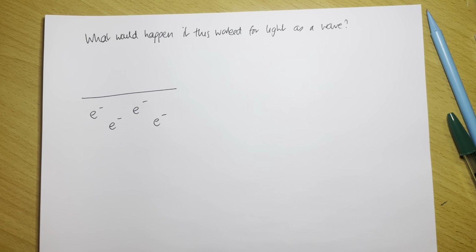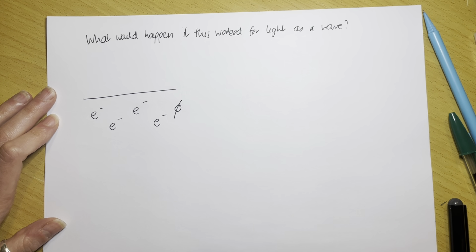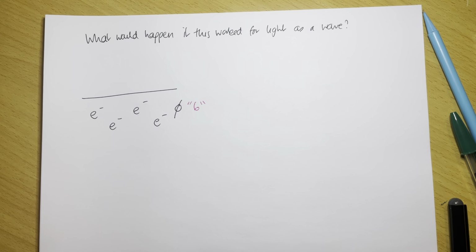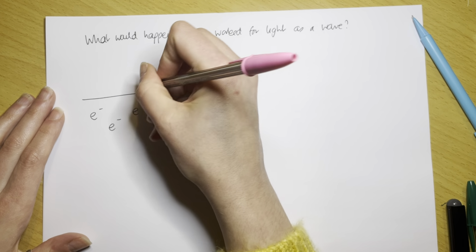Okay, so here are my electrons. Once again, I'm going to give a work function, and we're going to keep with the number 6. The work function is 6 units, 6 electron volts, 6 joules. It wouldn't be 6 joules, but 6 units. And let's say I've got some very, very low intensity red light, which is once again going to look pink.